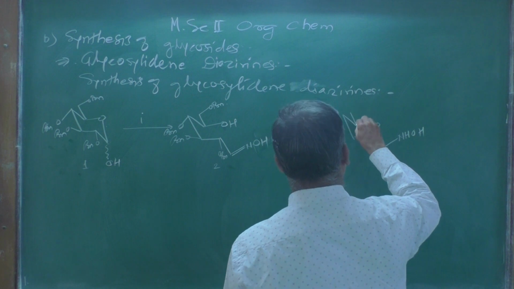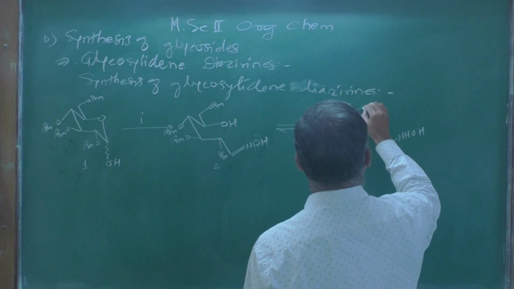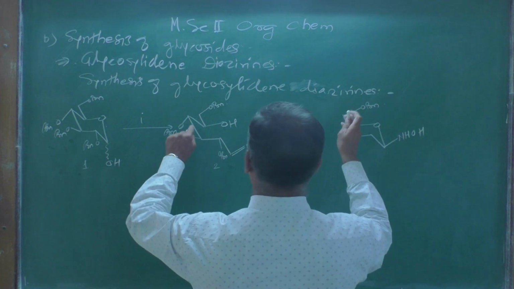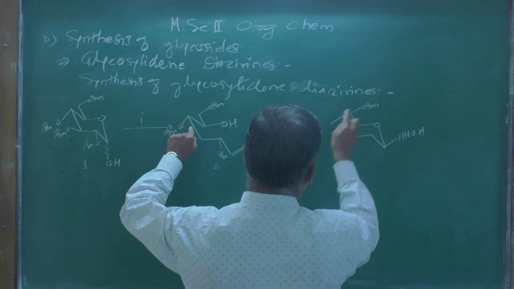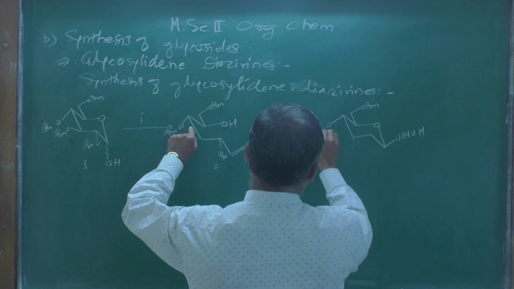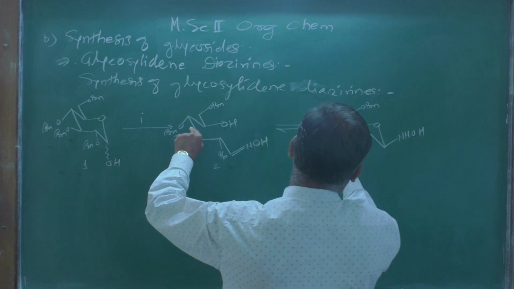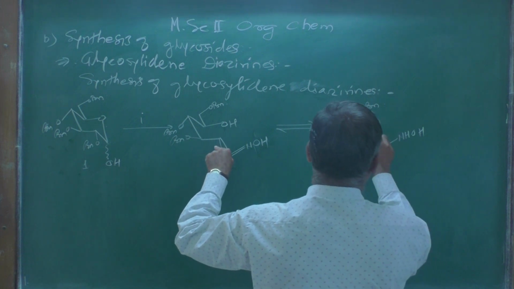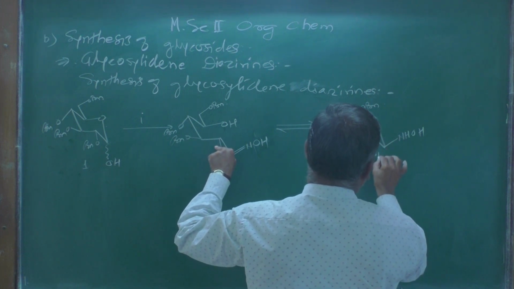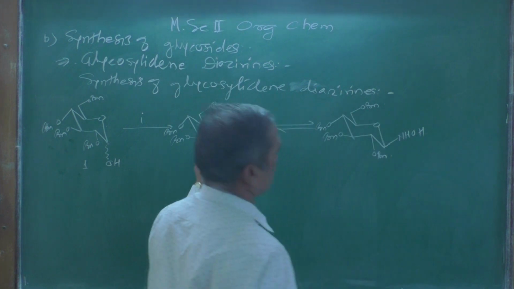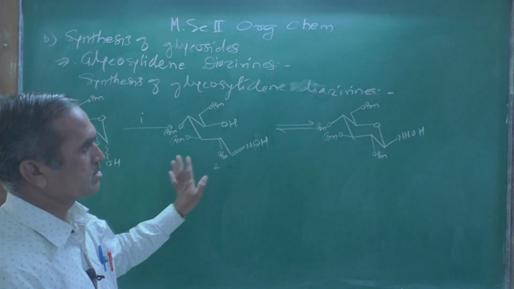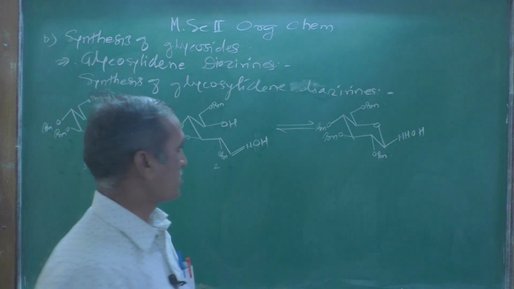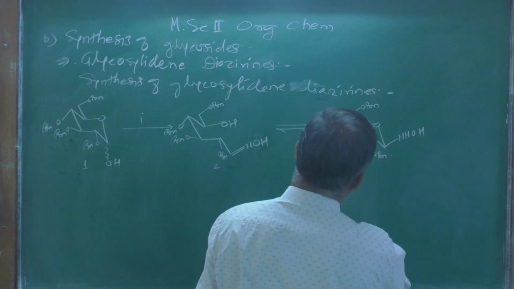That is the change we can observe here, and the rest of the groups lie at equatorial positions and are shown as they are. This is structure number 3 now, right?